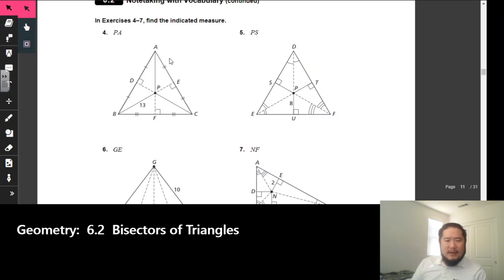So what does that tell me? Hopefully you realize that we are dealing with the circumcenter here. Because we have perpendicular bisectors, right? Look, all these perpendicular bisectors right here.